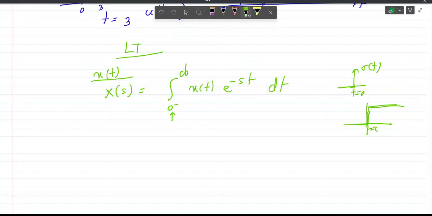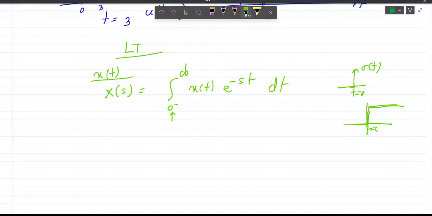For a signal to be Laplace transformable, because in a circuit everything from a signal point of view we are generalizing, in the circuit point of view you have a limited energy source.